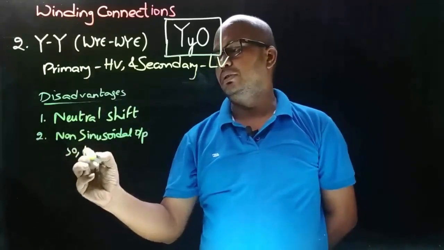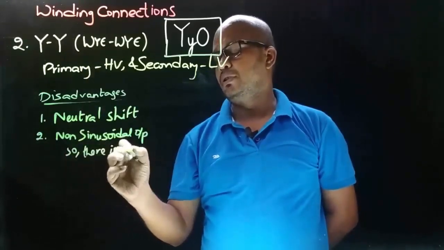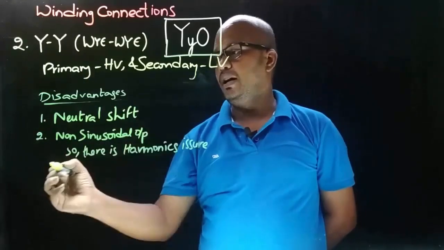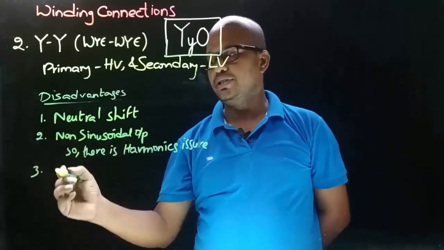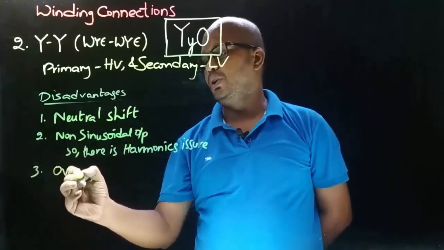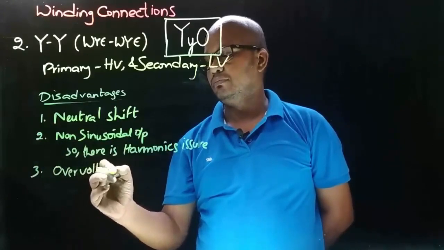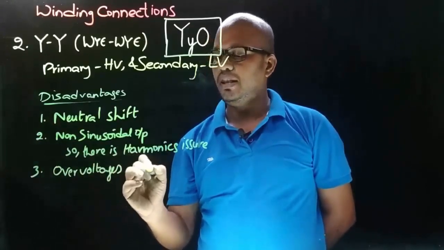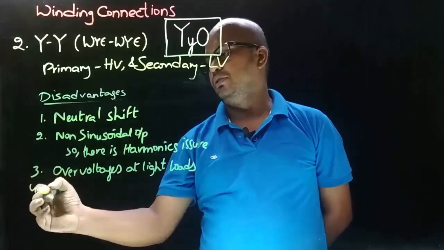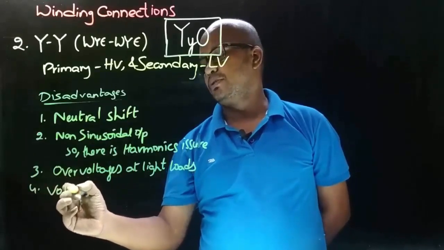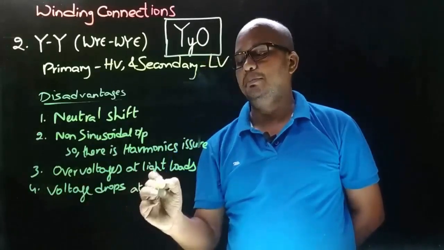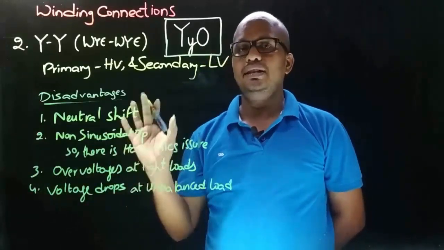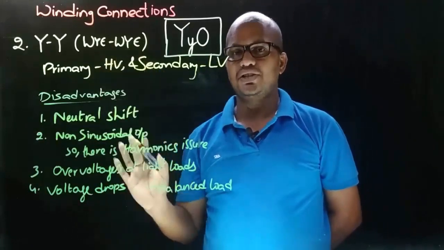So there is a harmonics issue. And the third disadvantage is over voltages at light loads and voltage drops at unbalanced load. So these are the disadvantages of star-star connection.